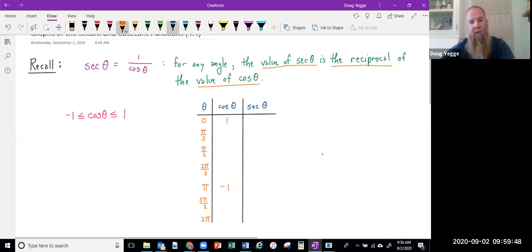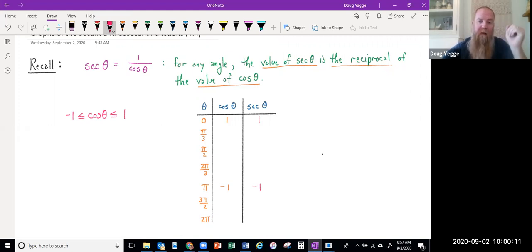If you take a look at the reciprocal of those values, it's no different for secant of theta. So the maximum and minimum values for cosine of theta are also going to be the exact same as the maximum and minimum values for secant of theta, because the reciprocals of 1 and -1 are 1 and -1.